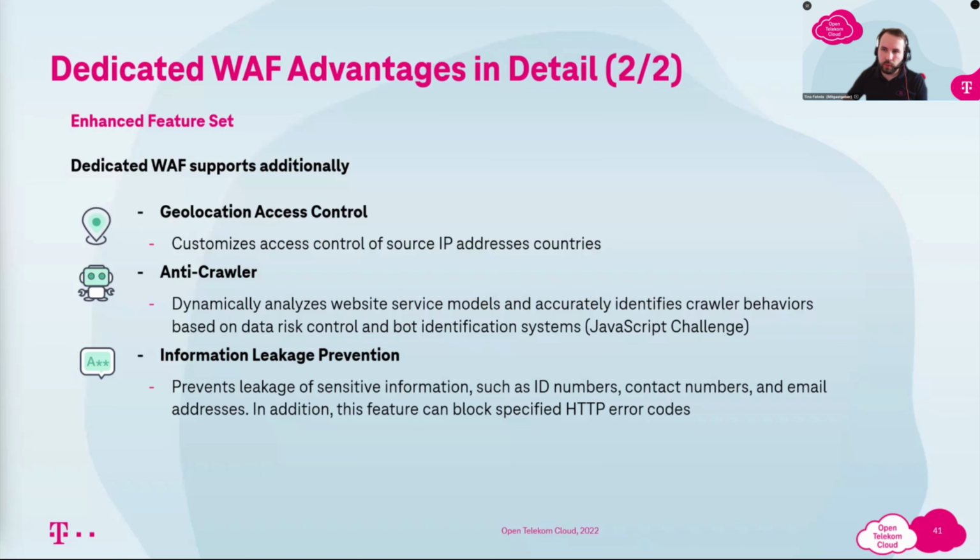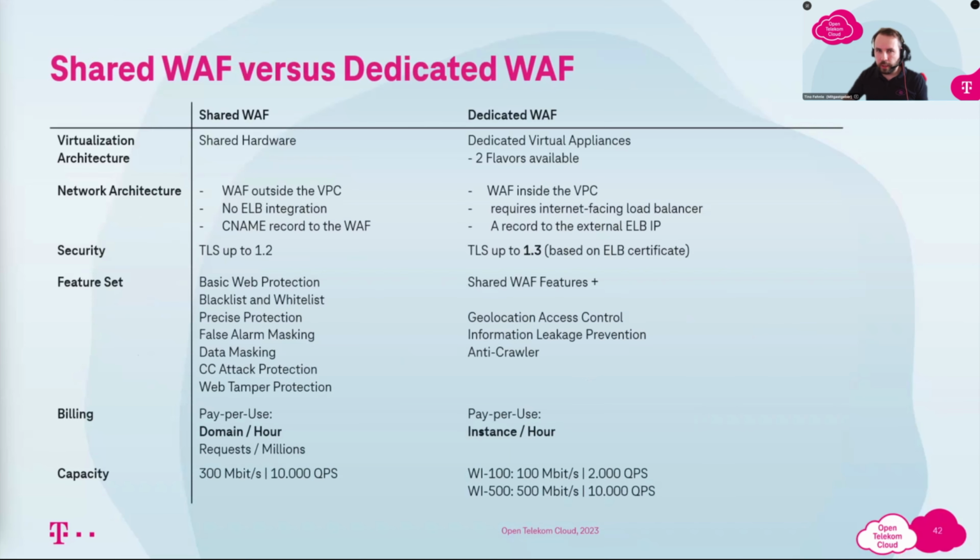If we bring this overview together in some kind of table, here you can see again what the differences between them are. So the shared WAF is shared hardware. For the dedicated one, you get a dedicated virtual appliance, which is available in 2 flavors. The shared WAF is outside your VPC, so it cannot be integrated into the ELB, and you need to set up a CNAME record. The dedicated WAF is inside the VPC.